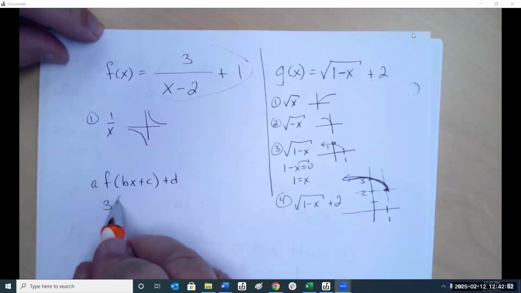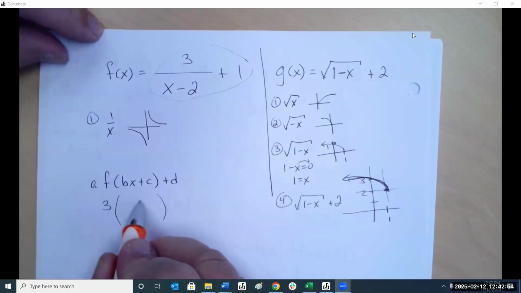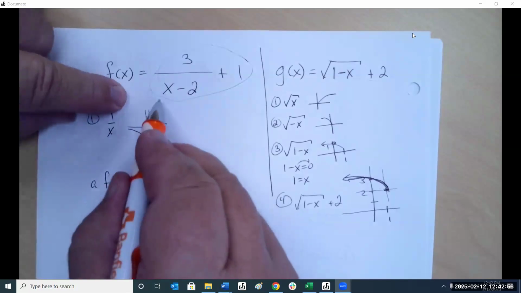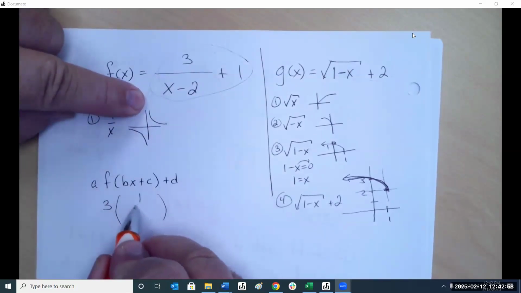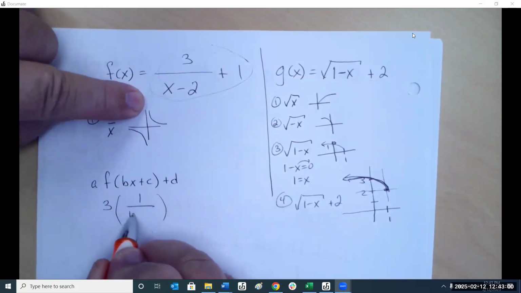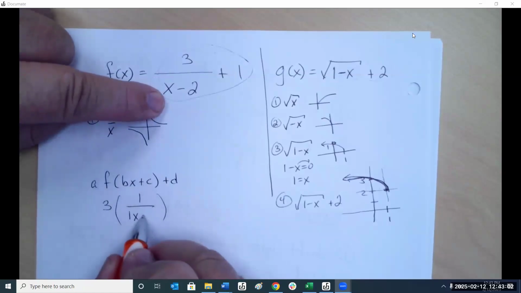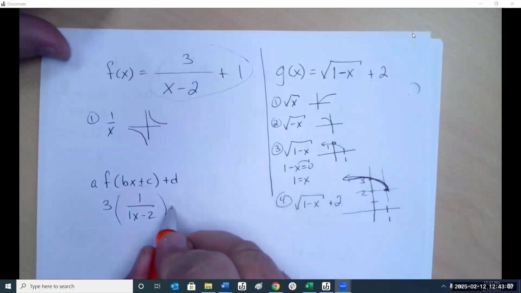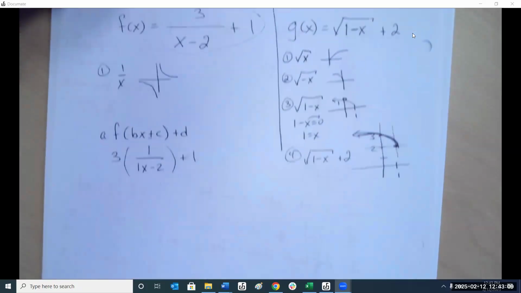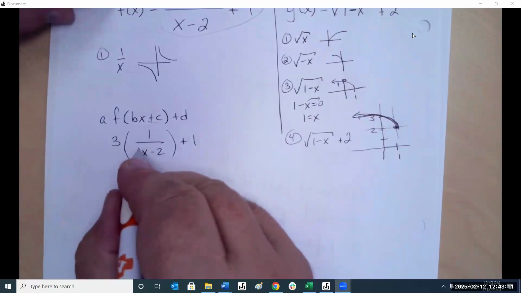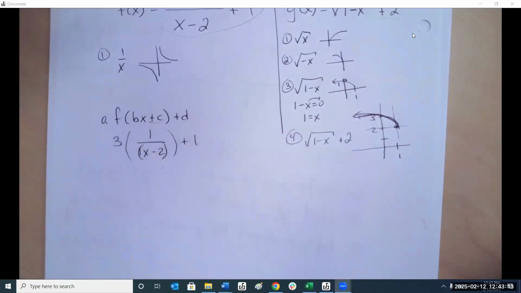The function is 1 over. The coefficient of this one is 1, so it's 1 over 1x minus 2. So the c is minus 2, and the d is 1. So there's our horizontal shift.